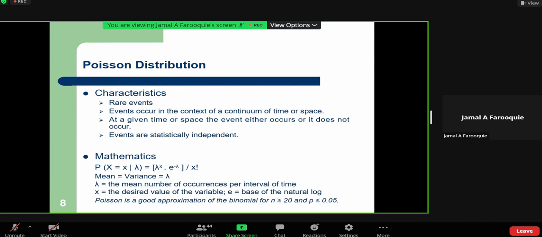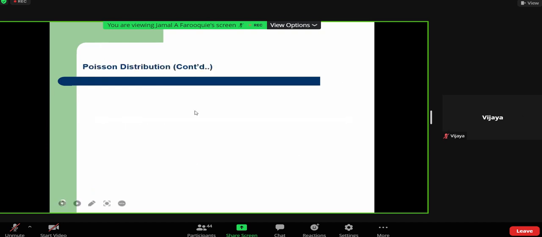In this call center case, if there are on average 5 calls per hour, then lambda is 5. Done? Should I move to the next? Yes, sir.